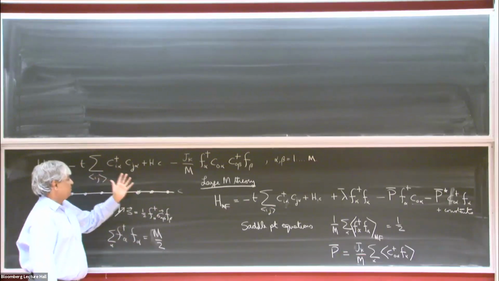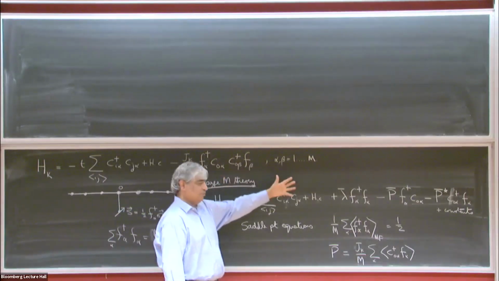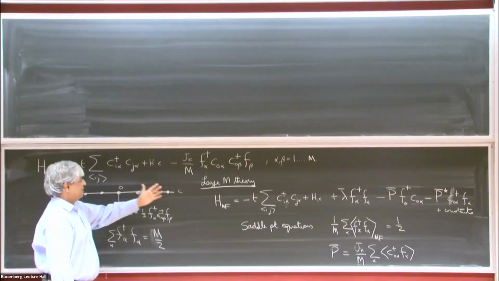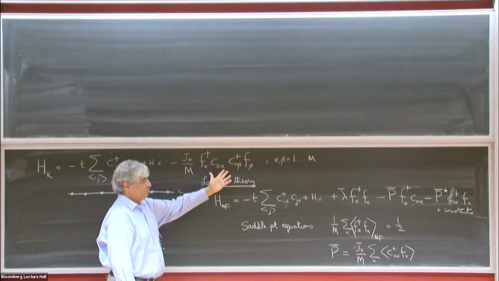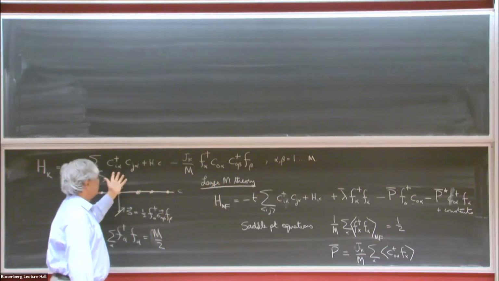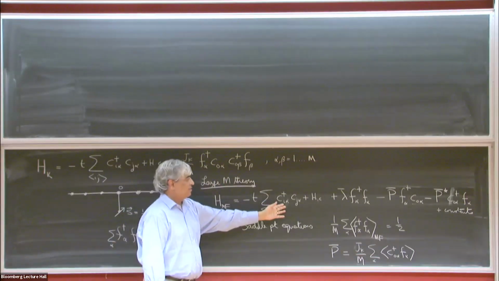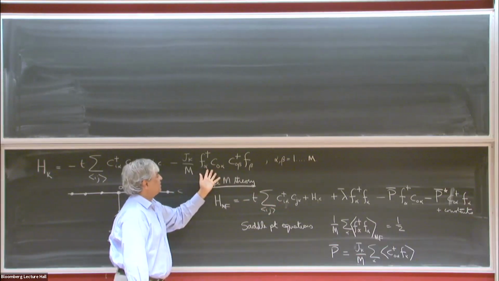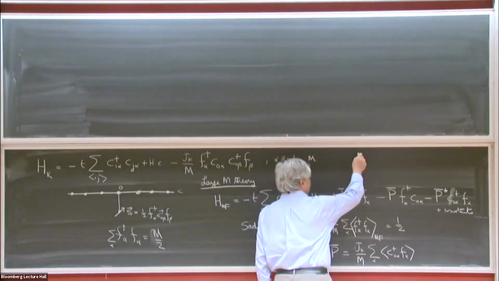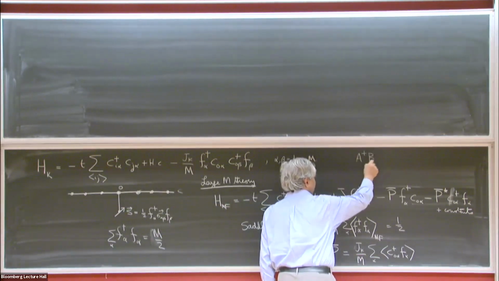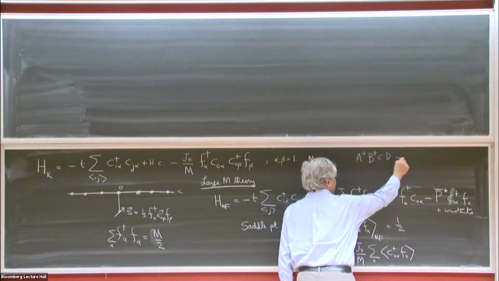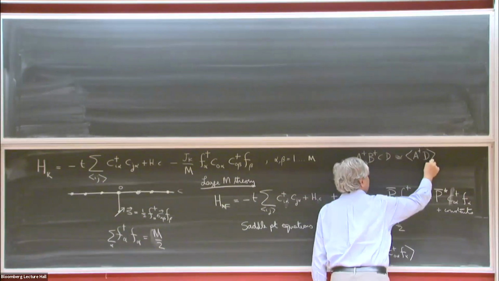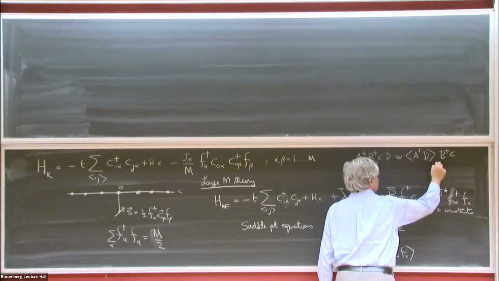So in the large M limit, we're not going to look at 1/M fluctuations mostly today. All you have to do is take the interaction term and do a factorization of it. So the conduction electrons go along as before. This term you factorize, using the usual trick, the first thing we learn in the course: when you have operators like this, you can write them as A dagger D times B dagger C, and so on.